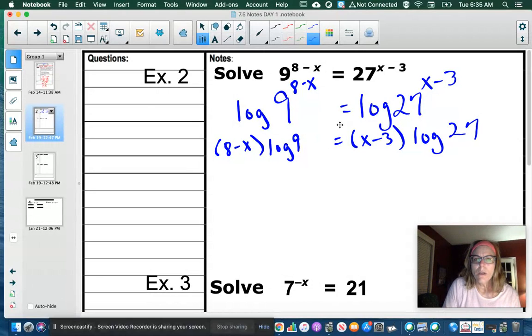And now here's our deal. We have an x on the left. We have an x on the right. We have to get the x's all to the left side. So let's start getting rid of stuff on the left side and bring it to the right side, just like we did on the last example.